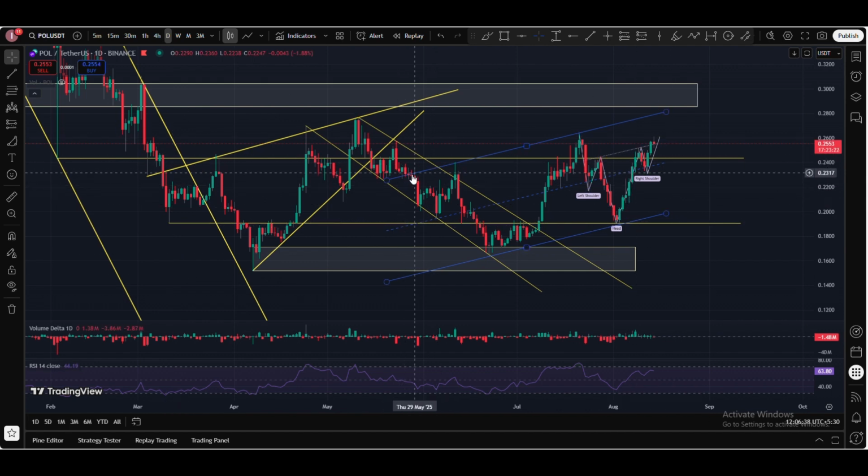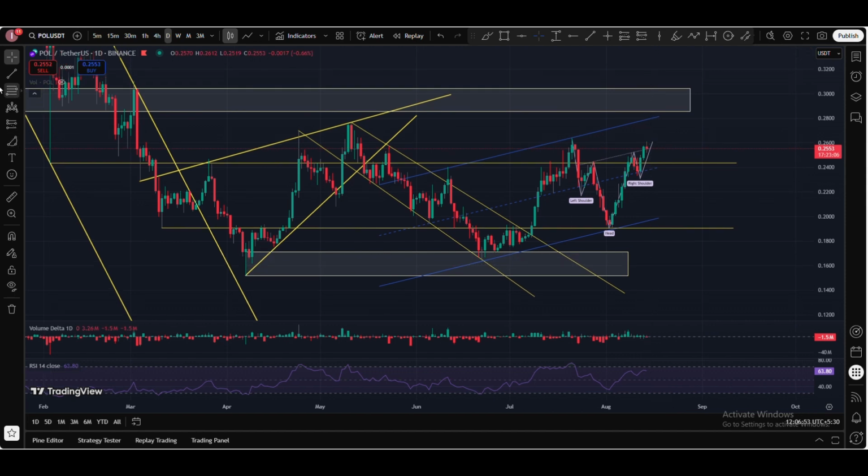And not only that, there is another parallel channel lower level, that is a confluence area.